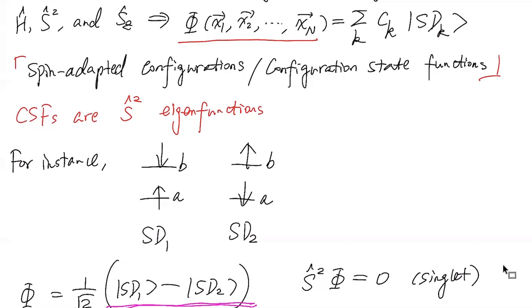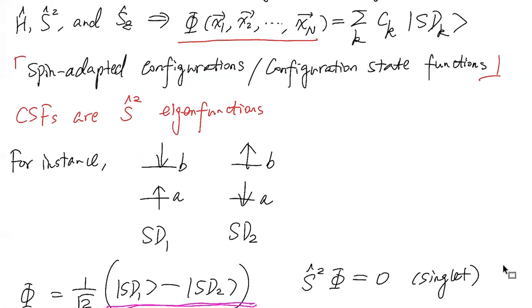So phi, the configuration state function, should be understood as a linear combination of Slater determinants that correspond to configurations with the same electronic occupation for spatial orbitals, but different occupation for spin orbitals.